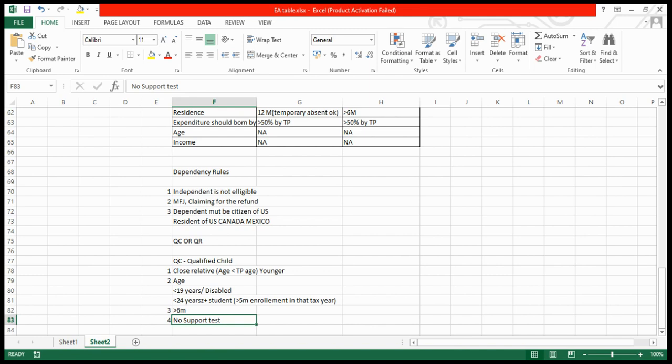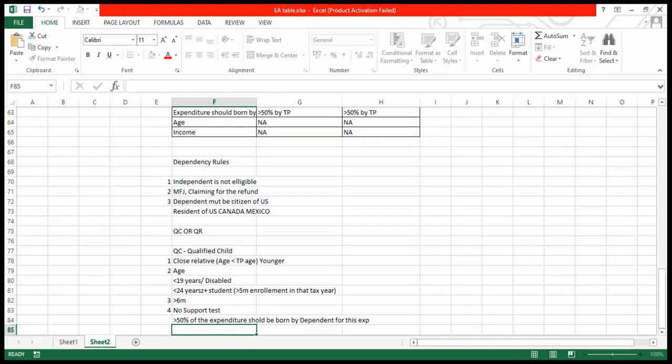So in that case, more than 50% of the expenditure should be borne by the dependent for his expense.